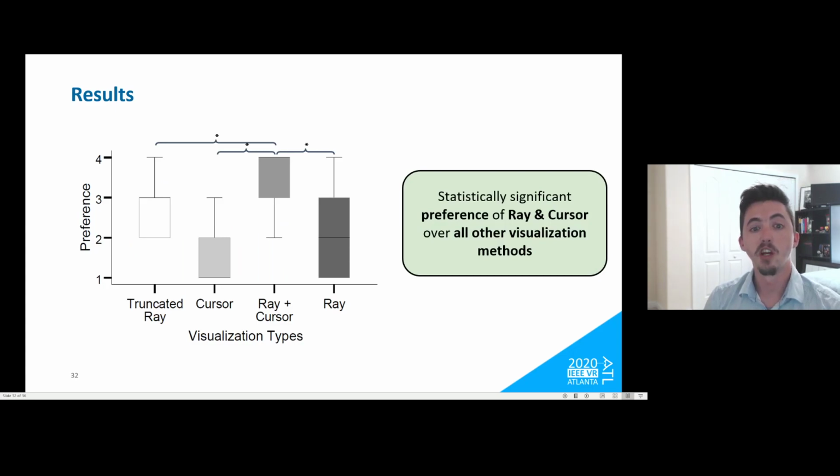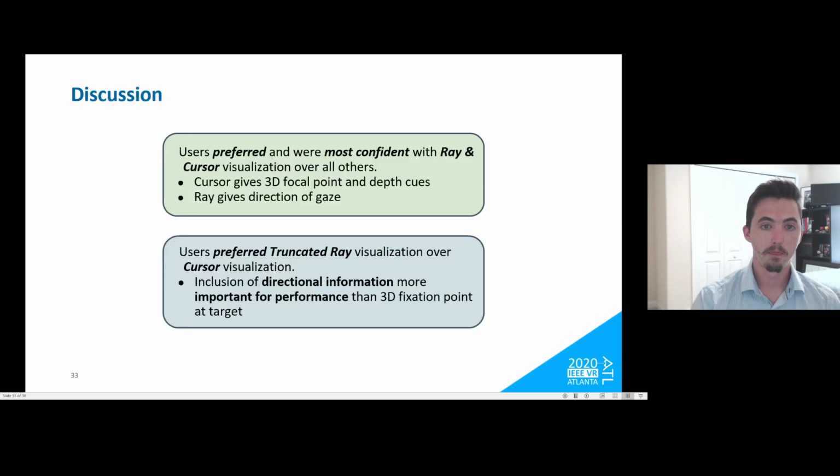Our subjective results for this experiment also showed that users significantly preferred that ray and cursor visualization compared to all of the other visualization modes. So our main takeaways are that the users prefer and are more confident with that ray and cursor visualization than all other visualization modes.